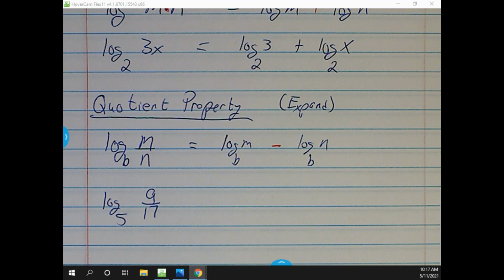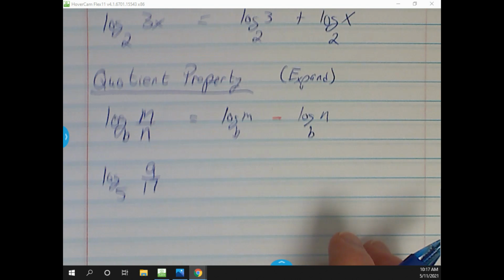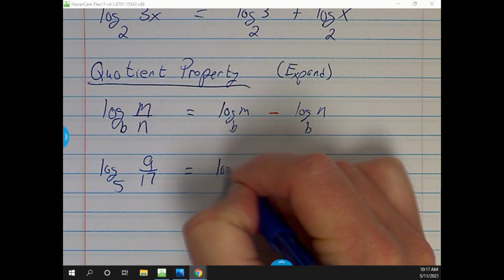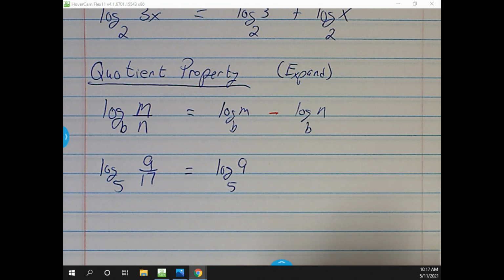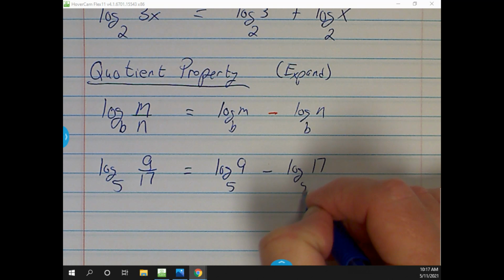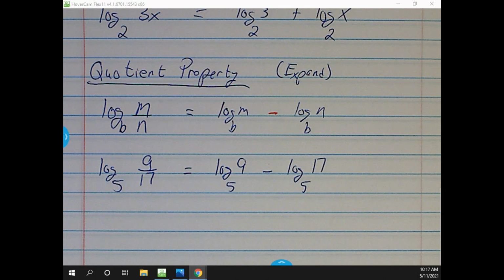Okay, so if you had to do the log of 9 over 17 base 5, if they ask you to expand it, that would be the log of 9 base 5 minus the log of 17 base 5.